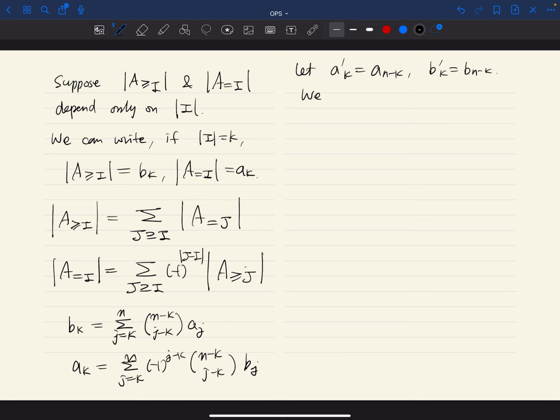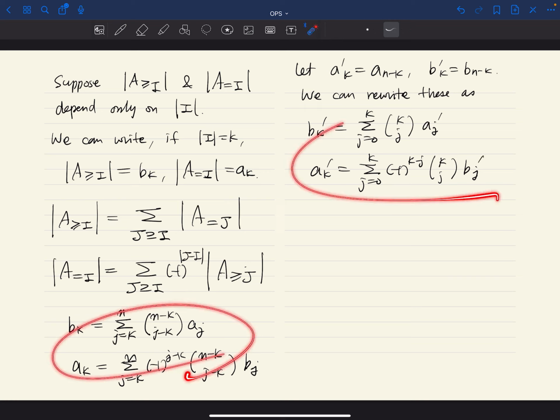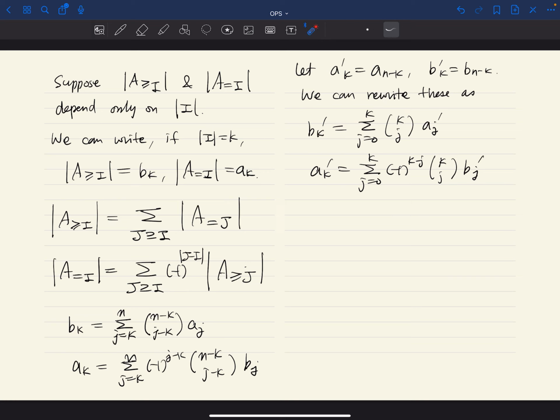Then we can rewrite these as follows. b_k prime equals, in a nice way, the sum over j of binomial (j, k) a_j prime, and a_k prime equals the sum over j of (-1)^(k-j) binomial (k, j) b_j prime. So this is equivalent to this. It's all just a simple change of indices and things like that.